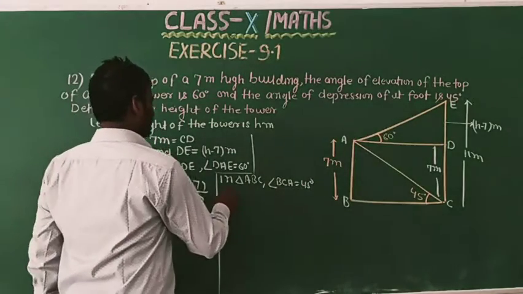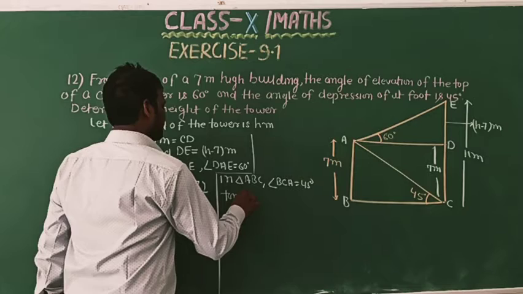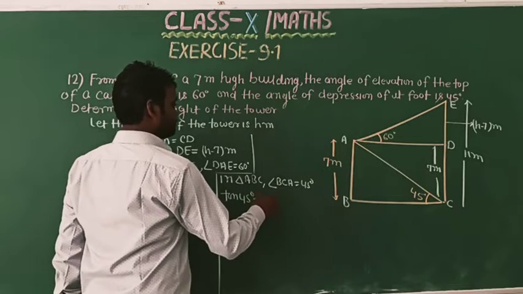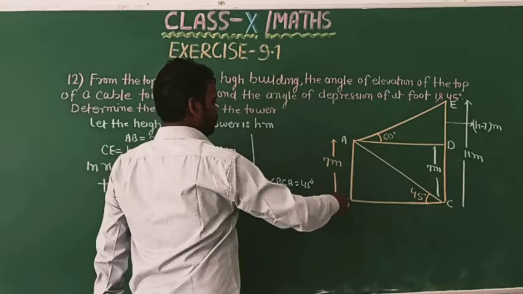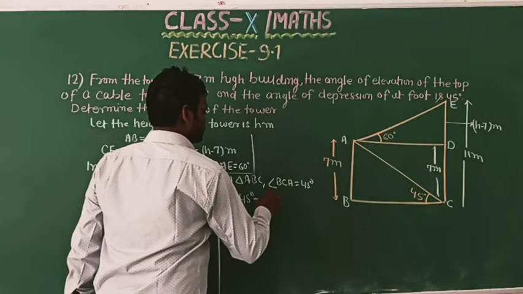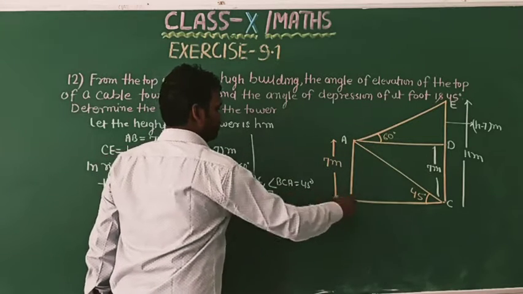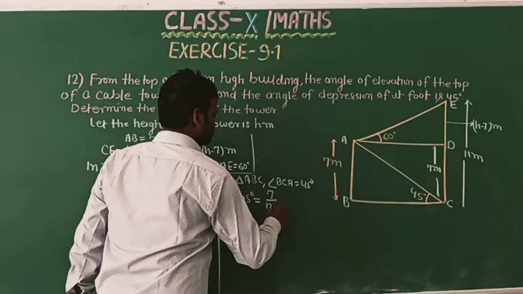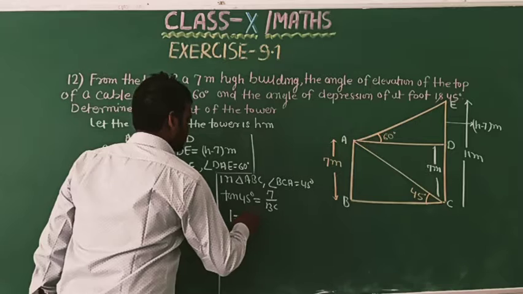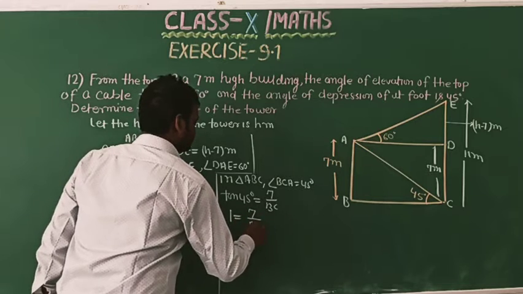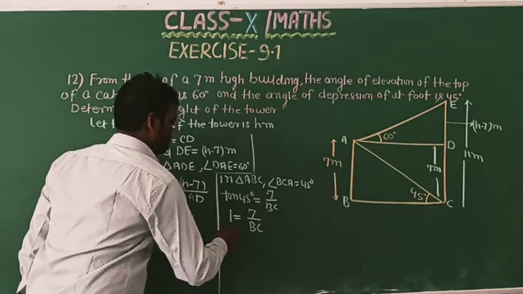So therefore tan 45 degree equal to perpendicular upon base, where perpendicular is 7 and base is BC. The value of tan 45 is 1. This is 1 equal to 7 by BC.